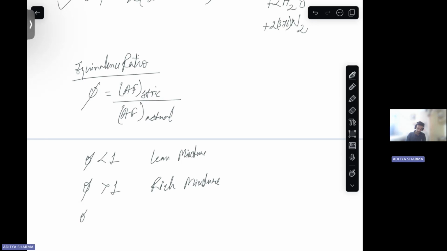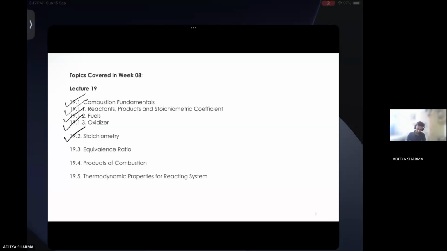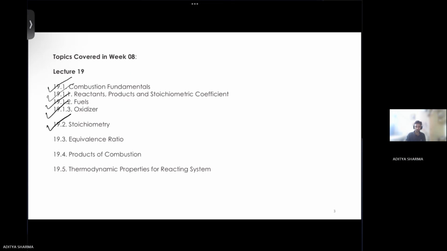And if phi is equal to 1, that is the stoichiometric condition. So this is your equivalence ratio.